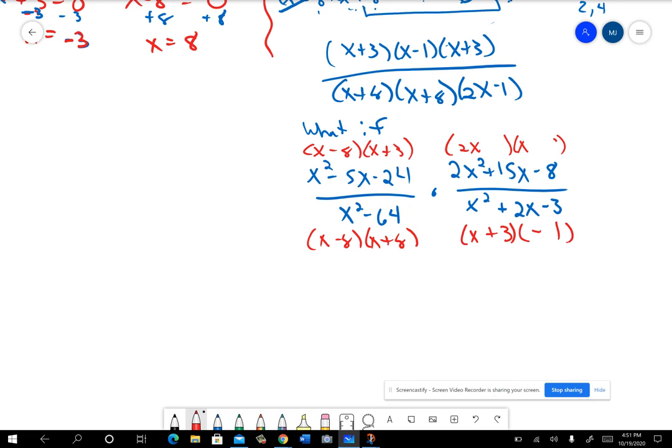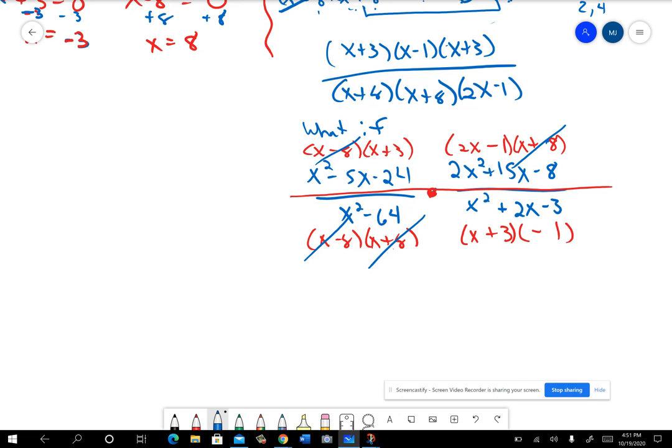So you get everything broken down. Okay, and so that's how it all would factor, and it's already multiplication now, so that means we're ready to just think about it as a big fraction, and we're looking for common factors, and so then the x minus 8 would go. The x plus 8 would go.